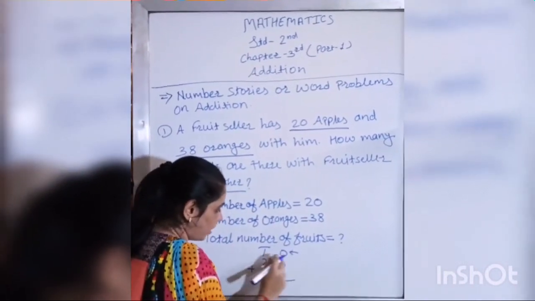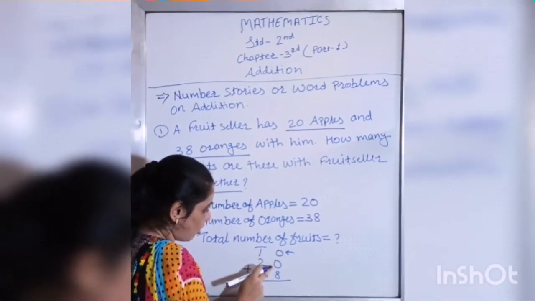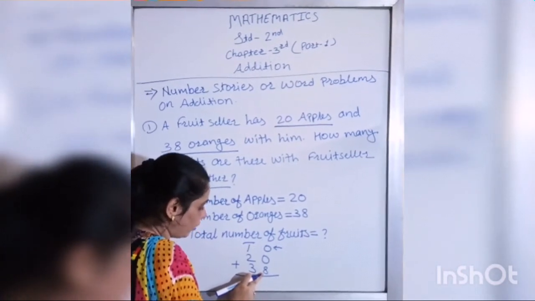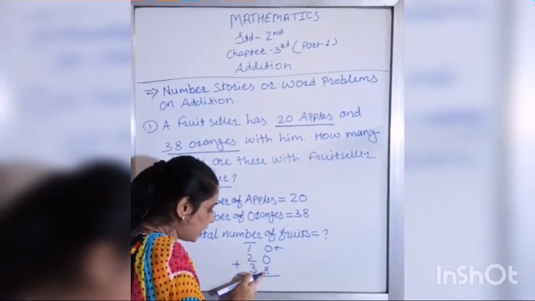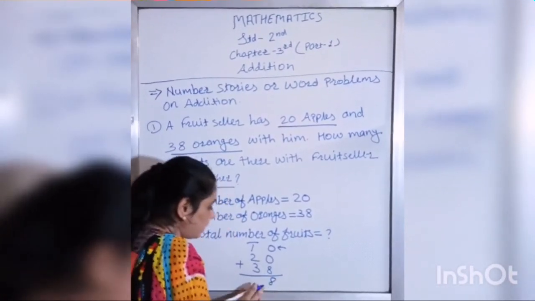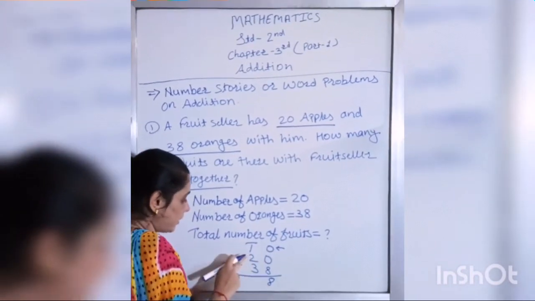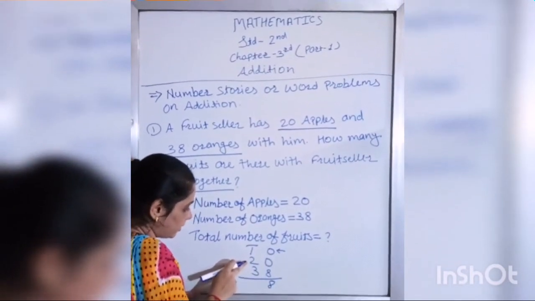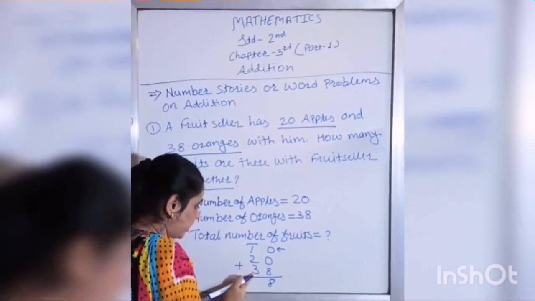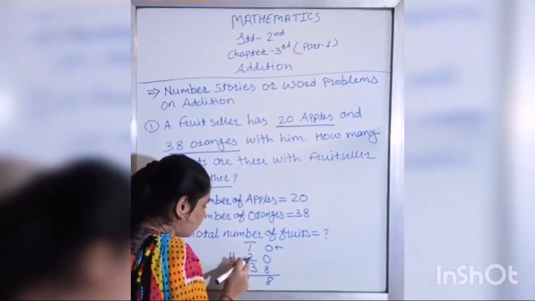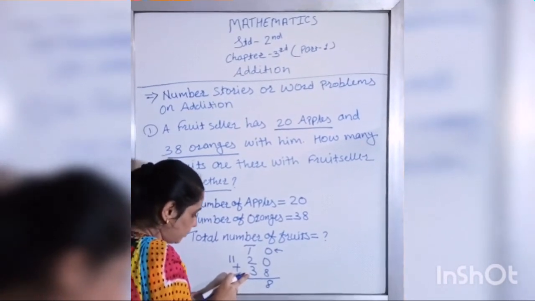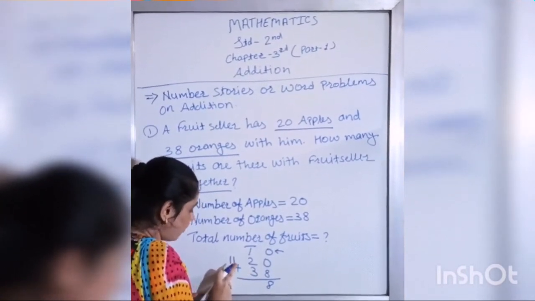Start addition from the ones place. The numbers on the ones place are 0 and 8. We know that whenever we add any number to 0, we get the number itself as the answer. Now add the numbers on tens place. What are the numbers? 2 and 3. As 3 is the bigger number, draw 2 lines for the number 2 and count after 3. 3, 4, 5.